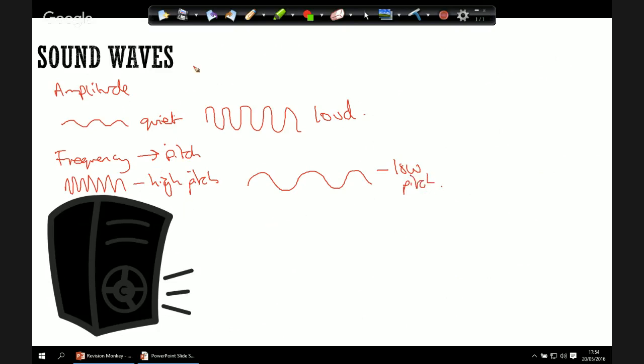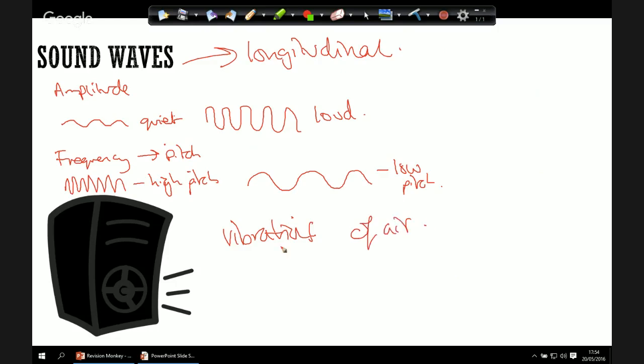And the way sound waves are generated, we mentioned briefly before that they are longitudinal waves, and they are passed on by vibrations of the air. So in the case of a speaker, the speaker's skin will be moving backwards and forwards, and the air in front of that speaker will then be vibrating backwards and forwards, and it will transmit a wave of vibrations in this direction.